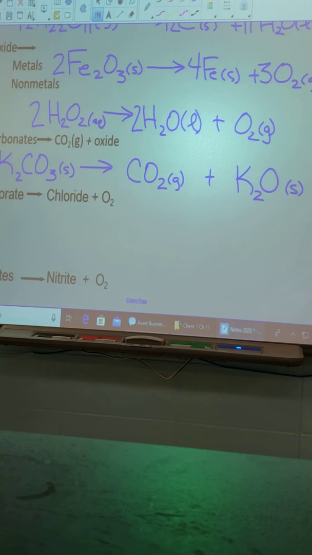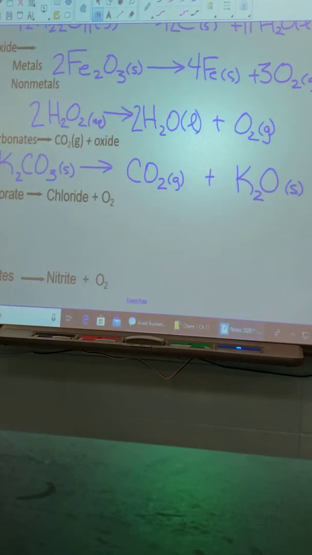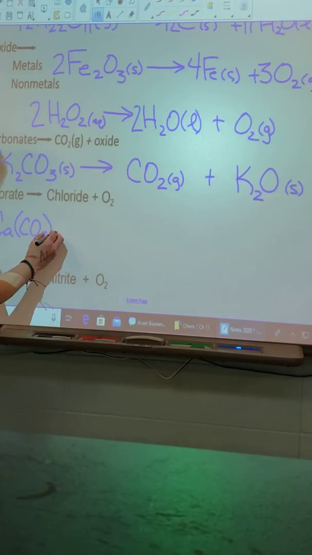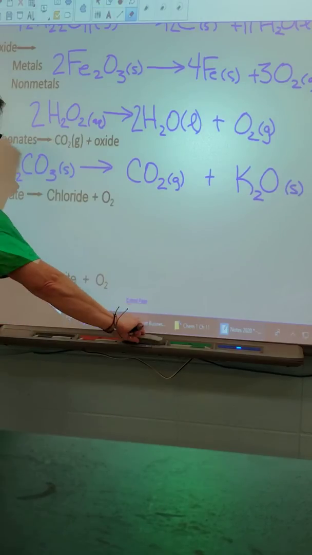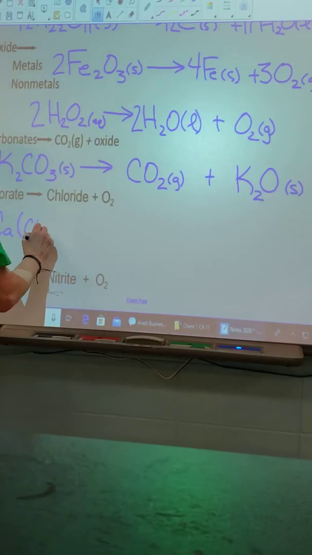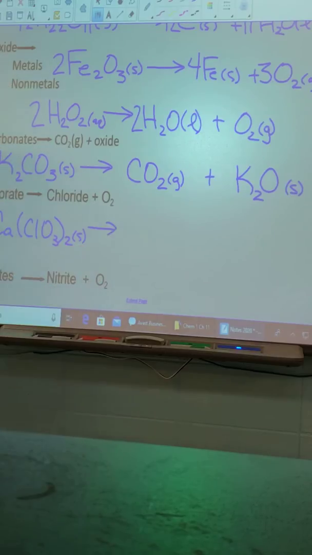It's balanced. Okay, chlorates. So chlorates mean that you have a metal bonded to chlorate, the polyatomic ion. Let's do calcium. Oops, carbonate. Yes, silly. I meant to do chlorate. Okay. So when a chlorate decomposes, I get a chloride salt.